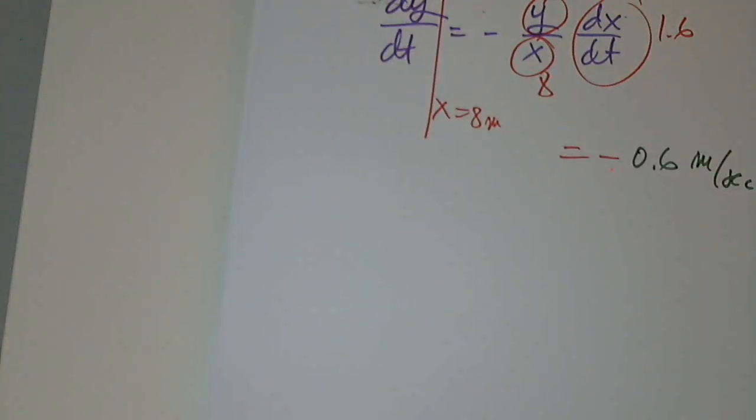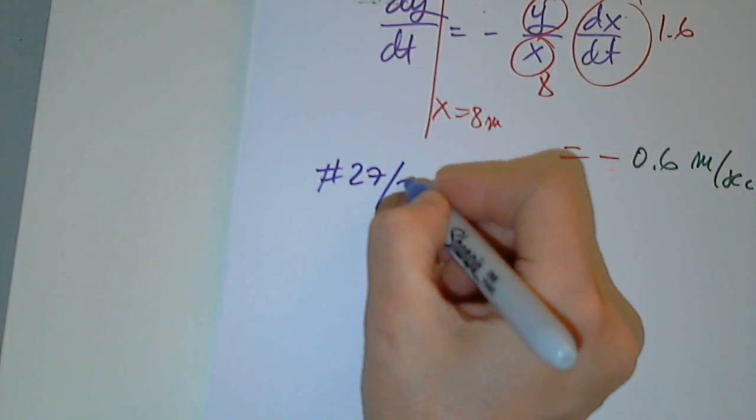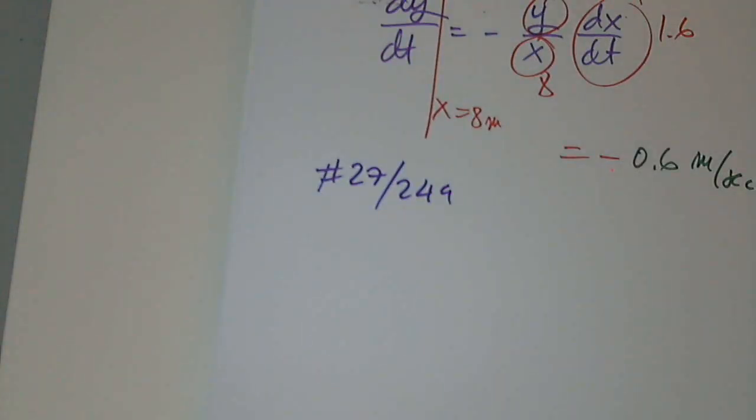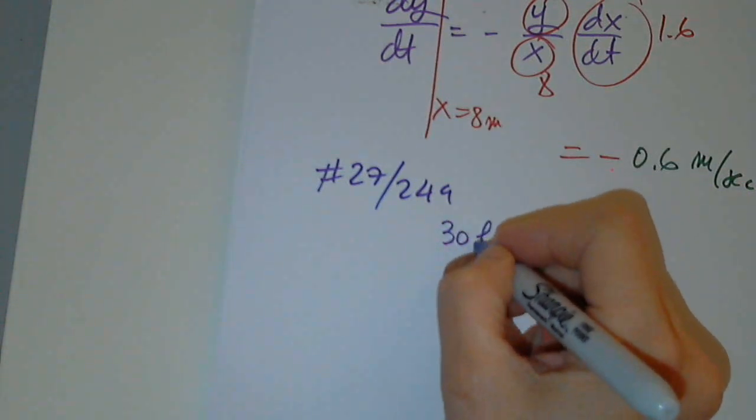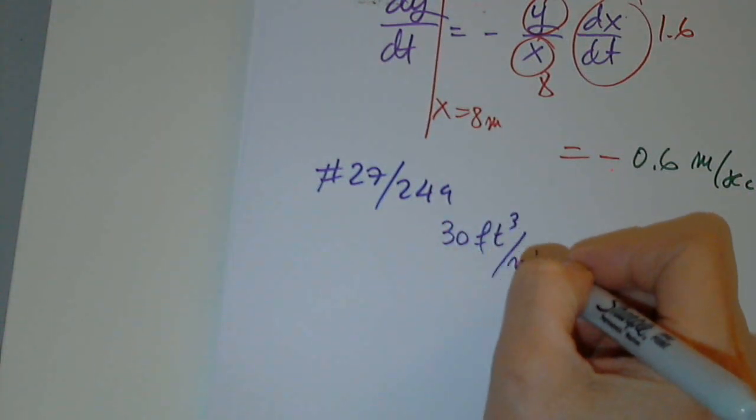Gravel is being dumped from a conveyor belt at a rate of, so this is 27 on page 249. We're told that gravel is being dumped from a conveyor belt at a rate of 30 cubic feet per minute.